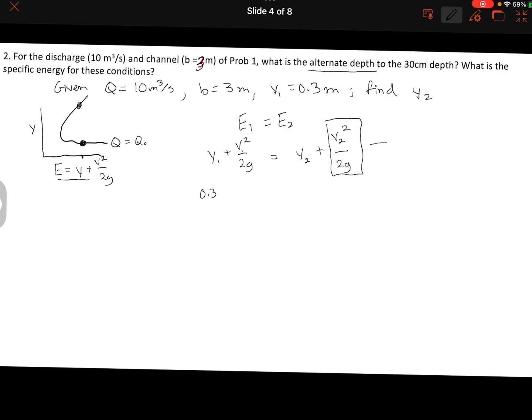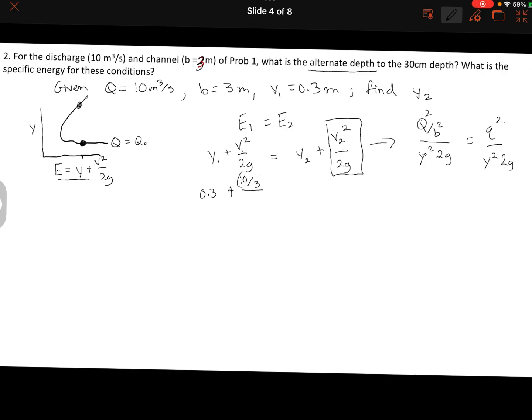So we can write our velocity head in terms of the velocity, but we can also write it in terms of our volumetric flow rate, by using this value little q here, which is our volumetric flow rate, big Q, standardized by the bottom width of the channel B. So we know here that that's going to be volumetric flow rate 10 divided by 3.